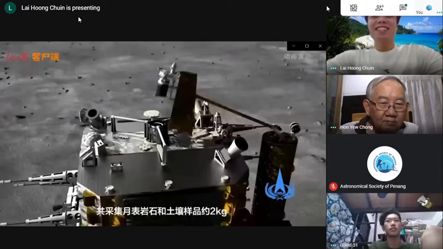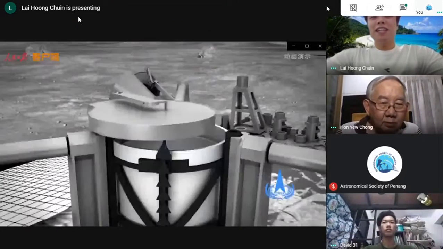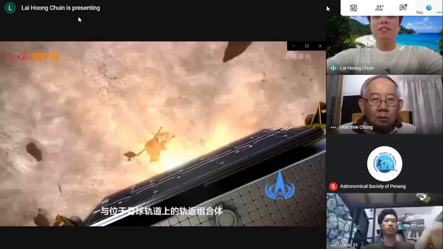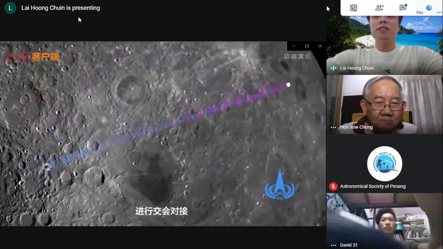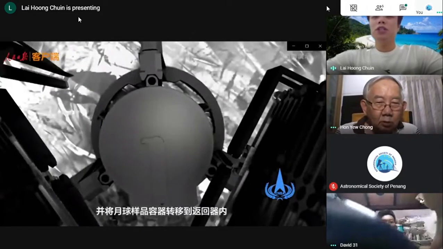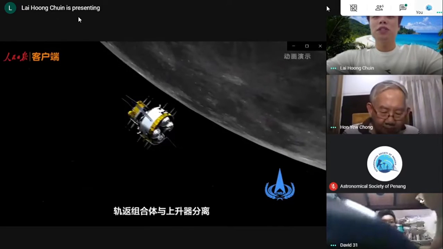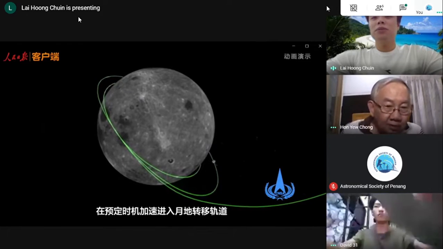And then they will take back the soil sample, the rock sample, and store it in the lifter, and then go back up and meet with the orbiter module, and then the orbiter module will bring the whole thing back, right? Will bring the sample back to the Earth.